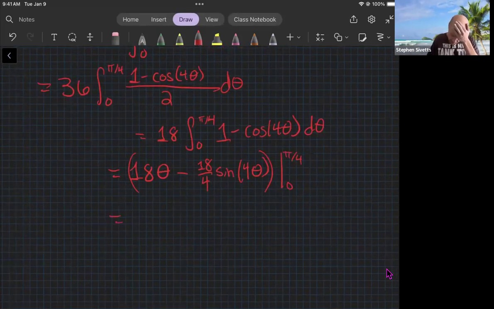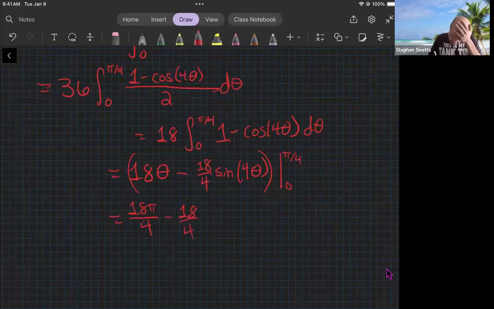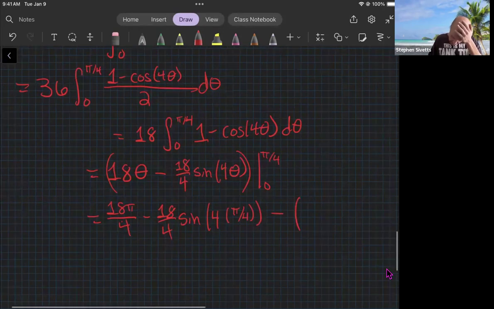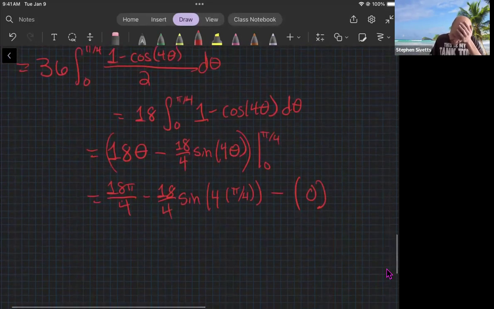So this equals 18 pi over 4 minus 18/4 sine of 4 times pi over 4.